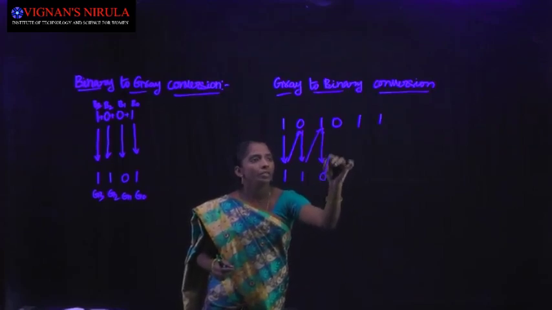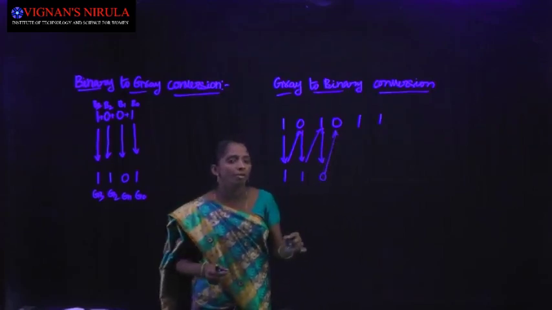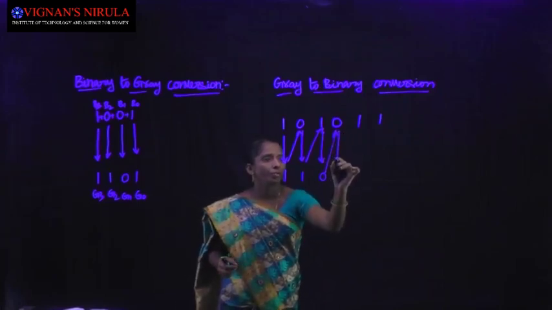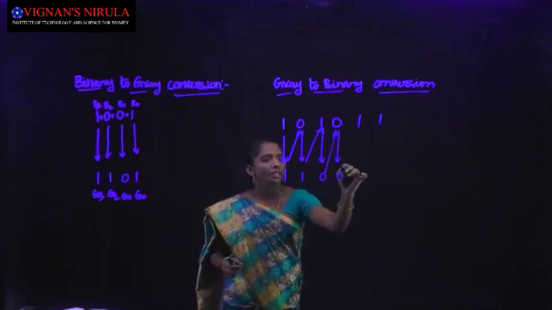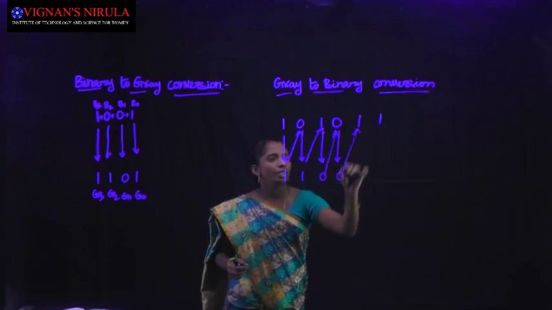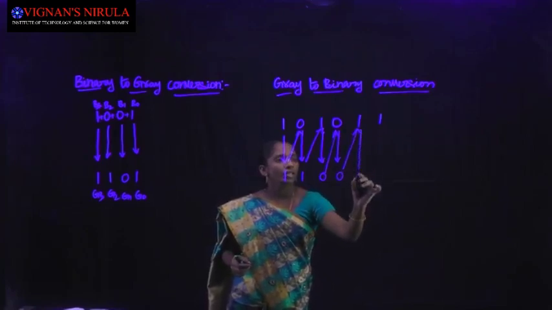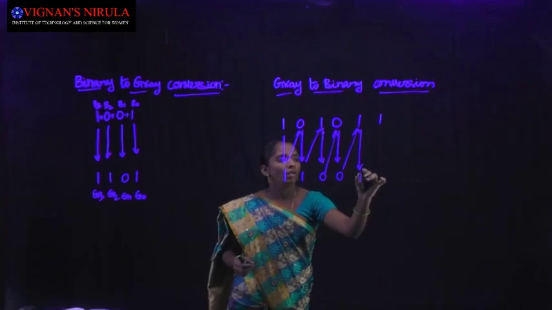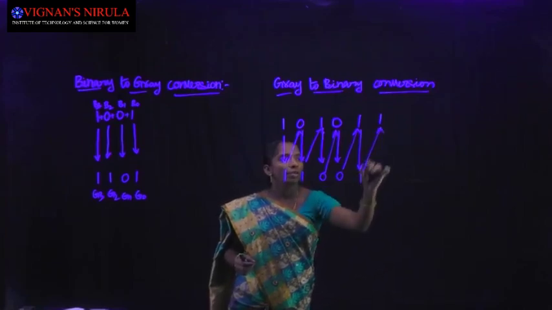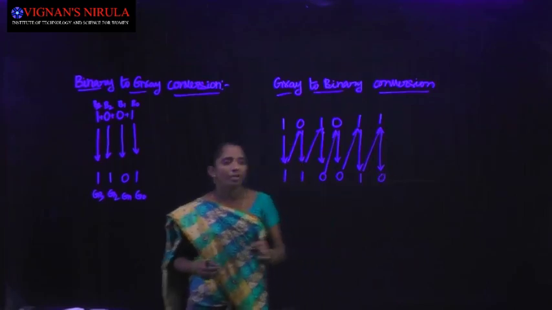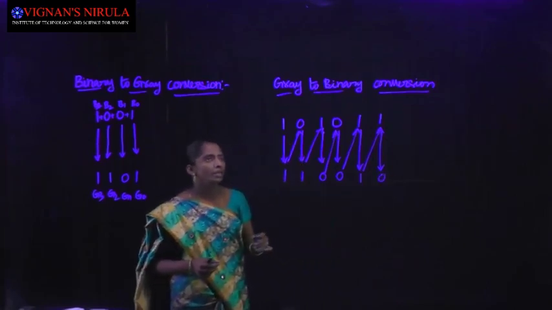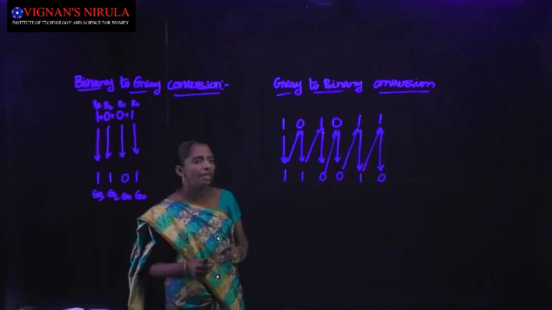Now add this to the next bit. 0 plus 0, 0. And add this to the next bit. 0 plus 1, that is 1. Now add this to the next bit. 1 plus 1, 0 with carry 1. We are neglecting the carry here. So this is the gray to binary conversion.